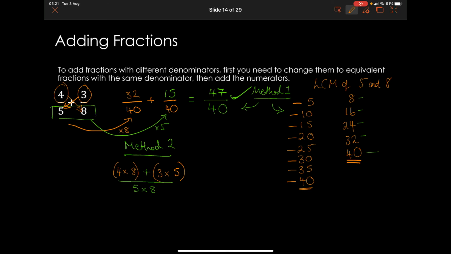Now, the reason that I'm keeping the 4 on this side of the addition and the 3 on this side, it doesn't necessarily matter with adding, okay? But if you're subtracting, which is exactly the same method, by the way, this would just be a takeaway. And instead of adding them together, you would take them away. All right?